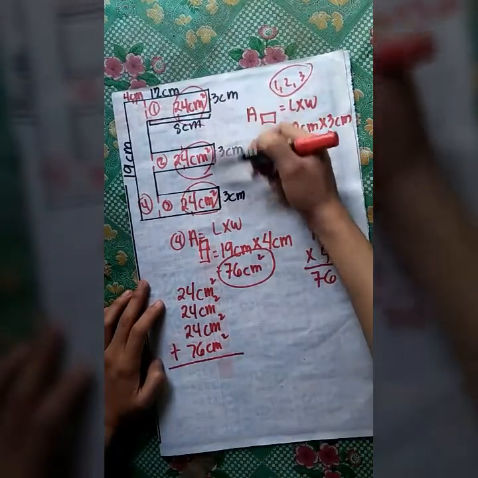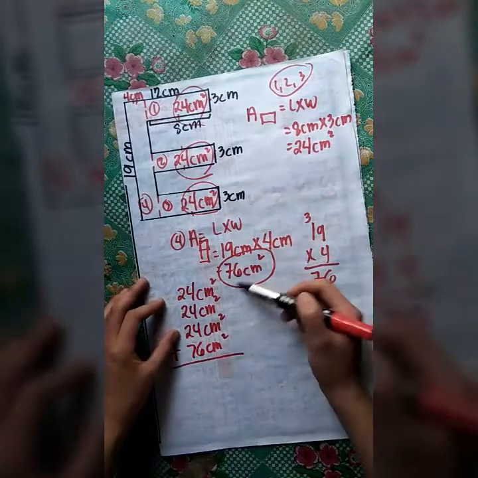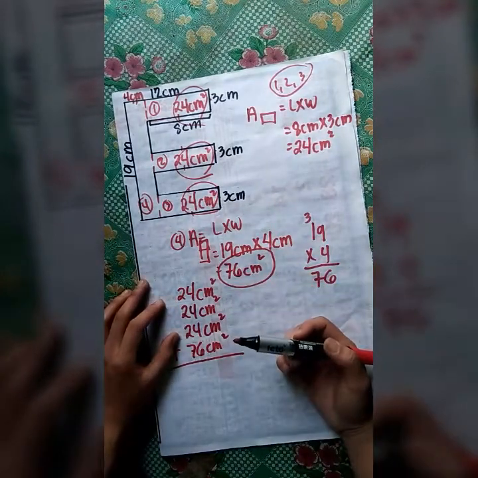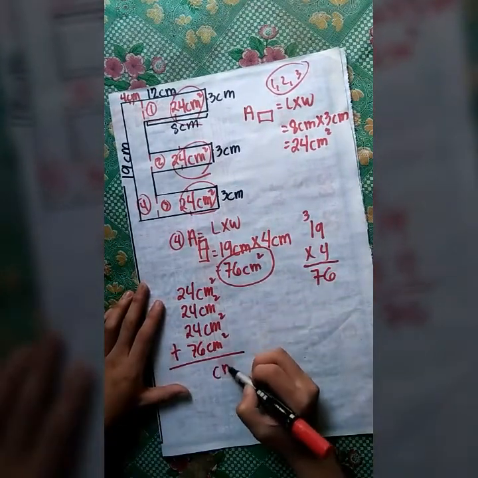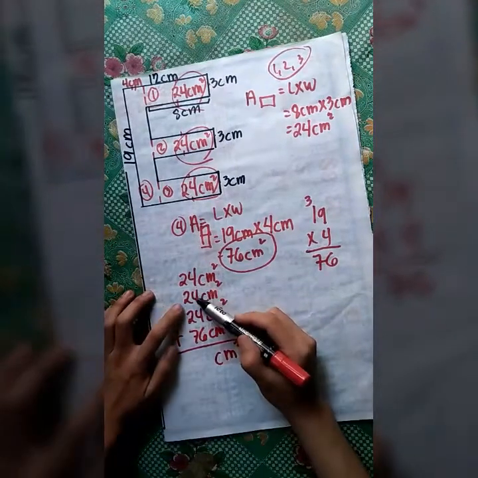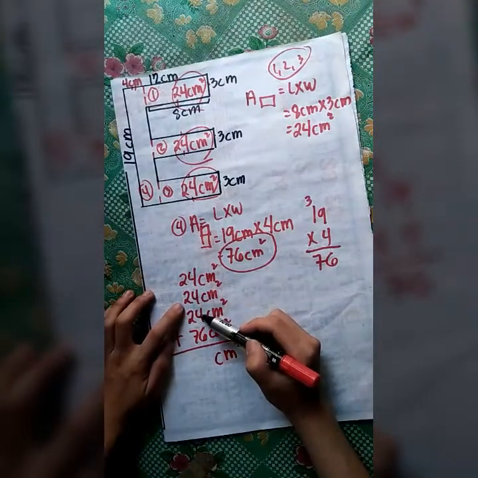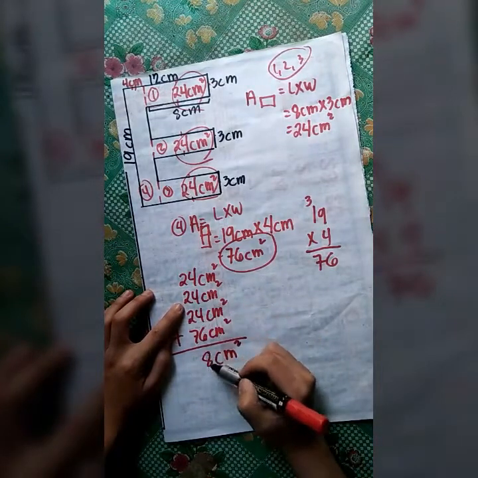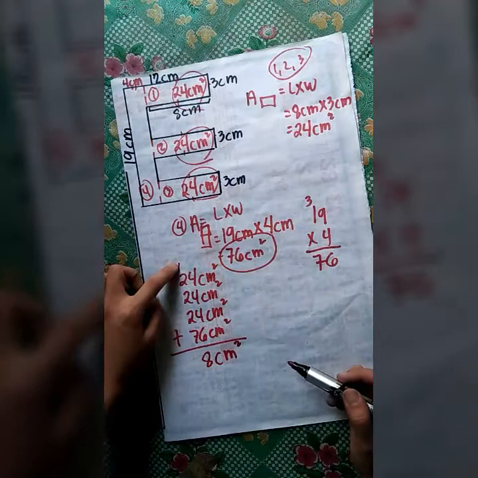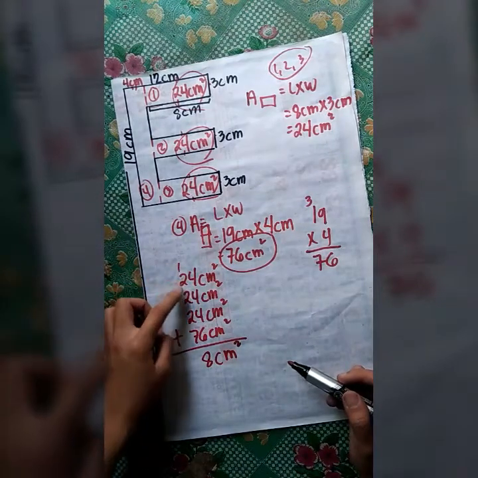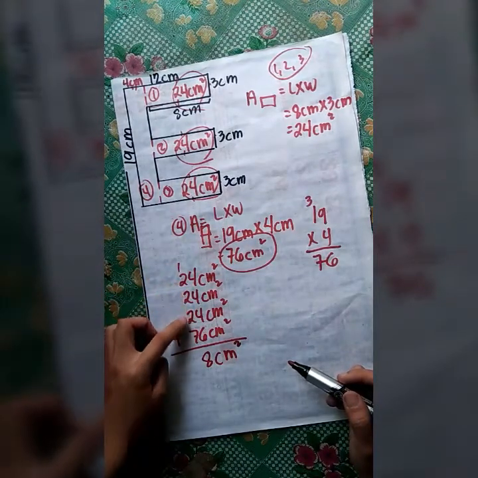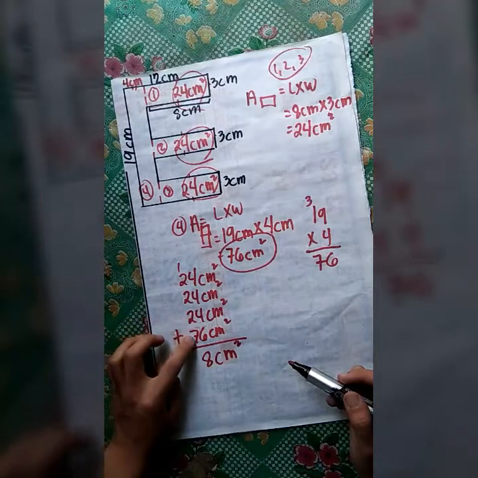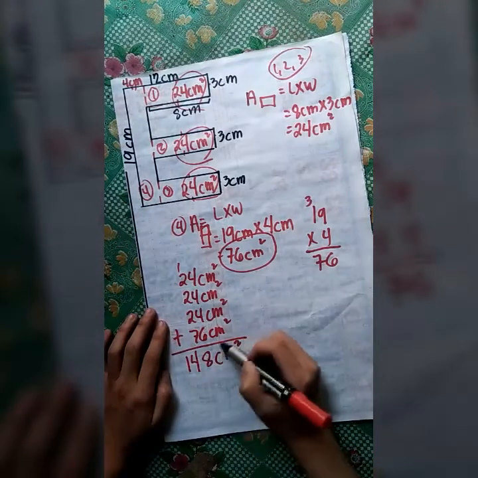We have 24 centimeters squared and plus 76 centimeters squared. Bring down the unit so that you won't forget. 4 plus 4 is 8, plus 4 is 12. 12 plus 6 is 18. Bring down 1, carry 1. 1 plus 2 is 3. 3 plus 2 is 5. 5 plus 2 is 7. 7 plus 7 is 14.